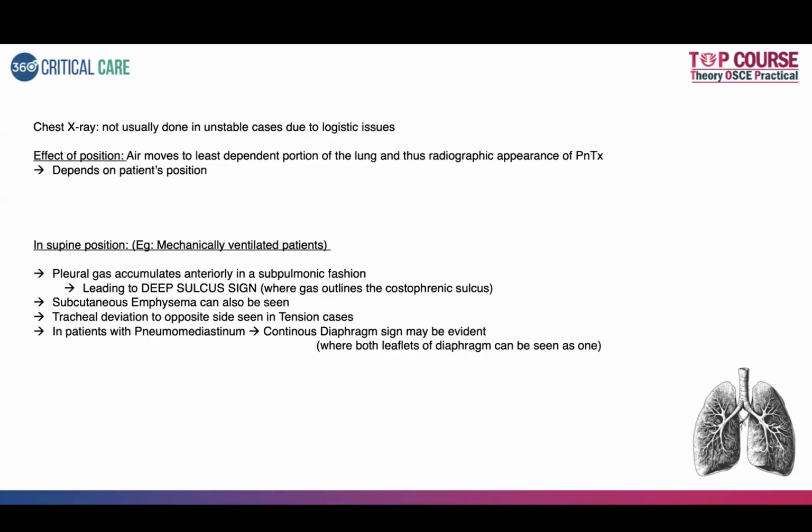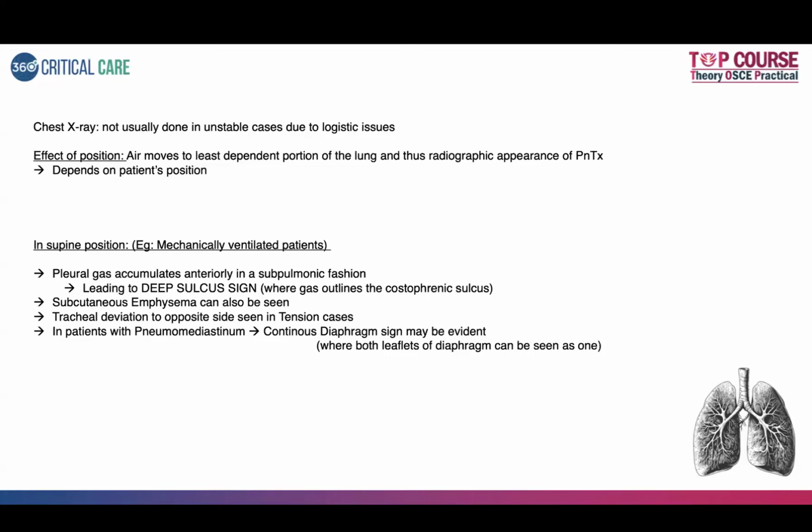In mechanically ventilated supine patients, other findings that can also be found are subcutaneous emphysema, especially if it is traumatic or iatrogenic, and tracheal deviation to the opposite side. And in patients with pneumomediastinum, there is something called the continuous diaphragm sign. All right, so there are pictures in the subsequent slides, but these are the things you need to keep in mind.